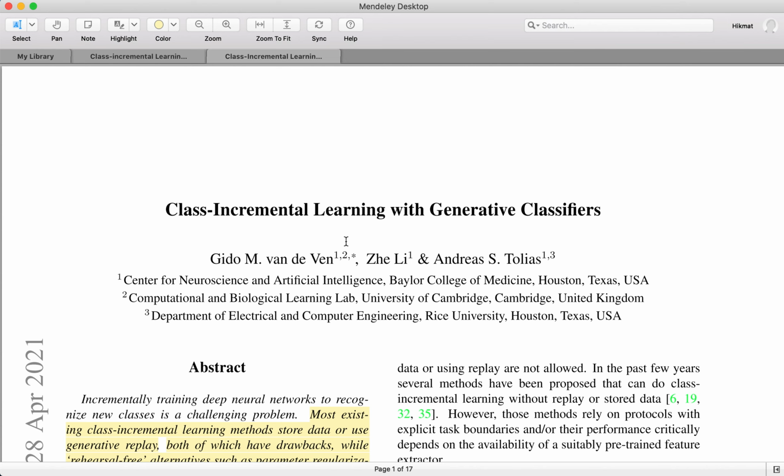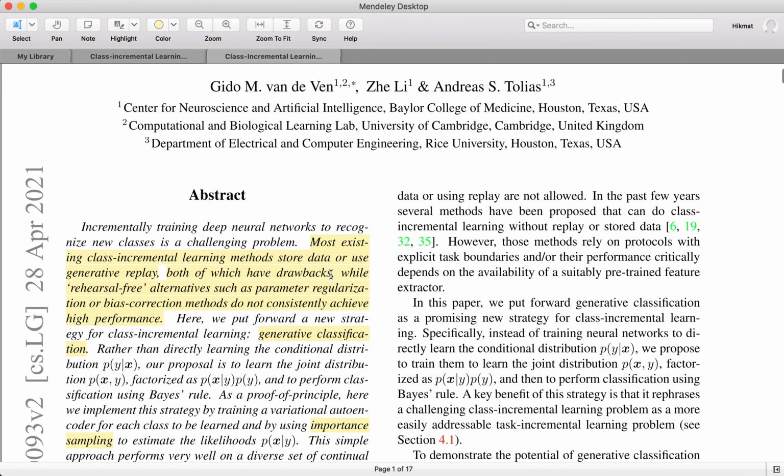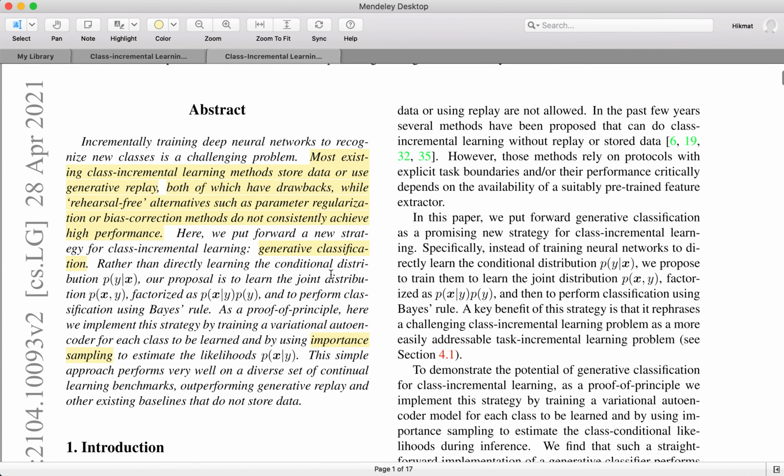Everybody. Today we are discussing the paper Class Incremental Learning with the Generative Classifier. In this paper, the author tried to address catastrophic forgetting by training the generative model at class level.